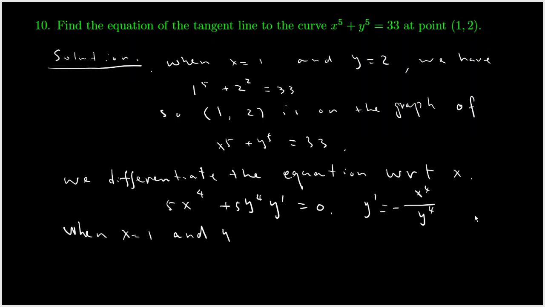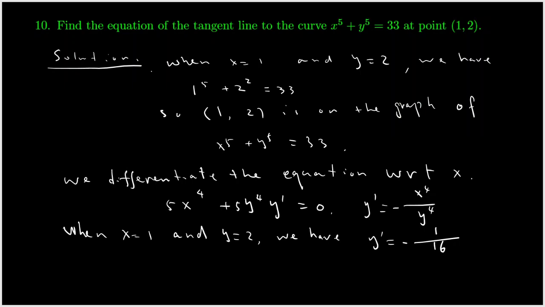We have y prime equals negative, x value is 1, y value is 2. On the numerator you have 1, on the denominator you have 2 to the power 4, so 16. So 1 over 16. I told you the number is tiny.